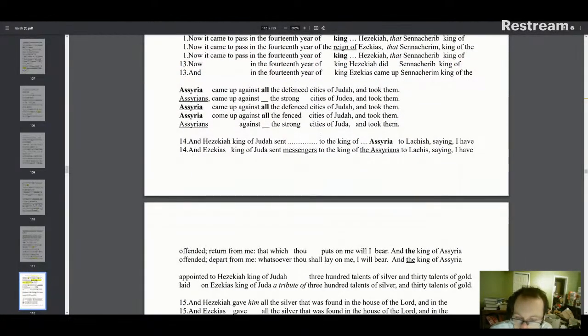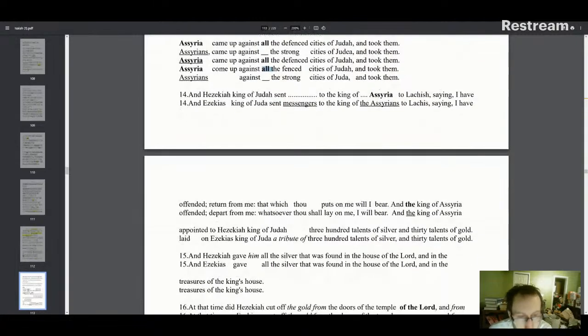We see the Septuagint in both Isaiah and Kings removes "all," whereas the Hebrew says "all" in both. So because of that, "all" is most likely the correct reading. We do see very often the nation "Assyria" is changed to "Assyrians" in the Septuagint.